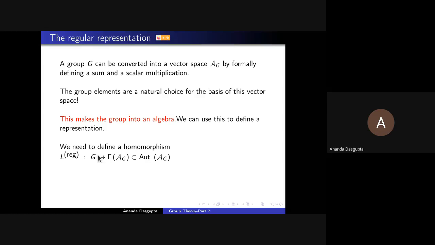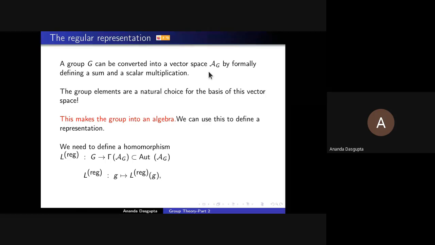So to the group G, it's a map from the group G to a subset of automorphisms on AG, maps which map this vector space AG into itself. So for a given group element, you should get an operator. For every group element, you should be able to talk about an operator which acts on AG.